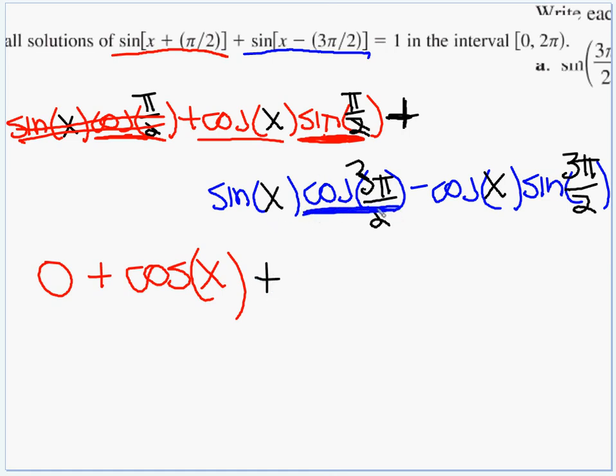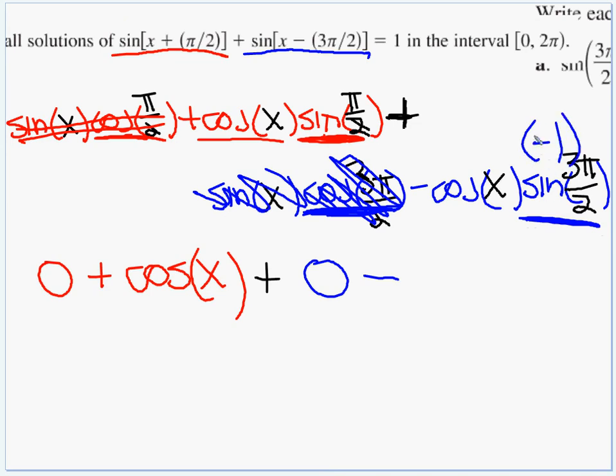Cosine at 3/2 pi is also 0, so that becomes 0 times sine x, so that just becomes a 0. And then we got minus. This sine at 3/2 pi is a negative 1. Negative 1 times a negative cos turns it to positive cos. Plus cos.